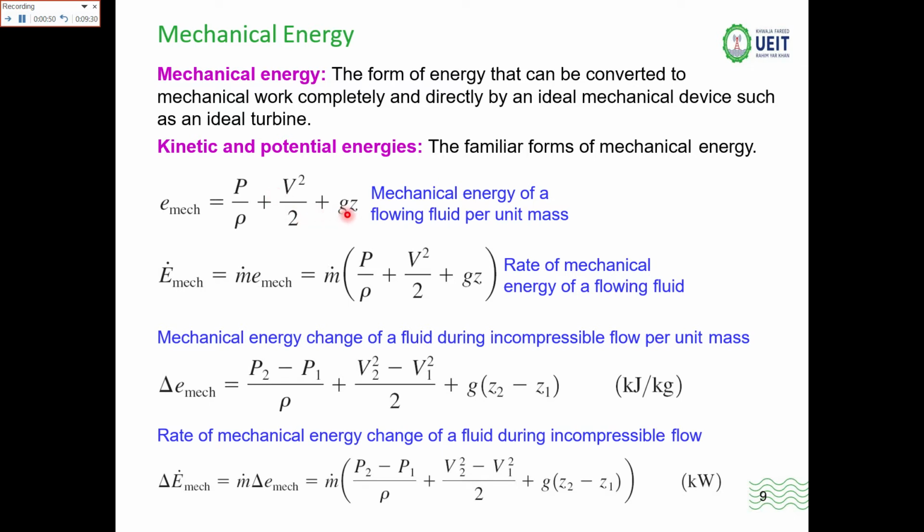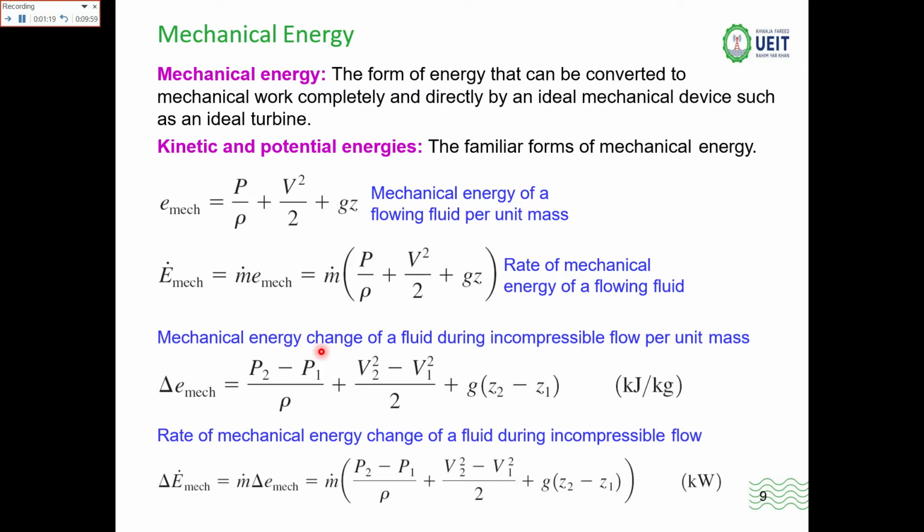Now the rate of the mechanical energy flowing, E_mech dot, is equal to m dot times e, where e is the energy and m dot is the mass flow rate. So m dot is outside the brackets. Again e is P/rho + V^2/2 + gz. This is basically the rate of mechanical energy, and this equation is the mechanical energy.